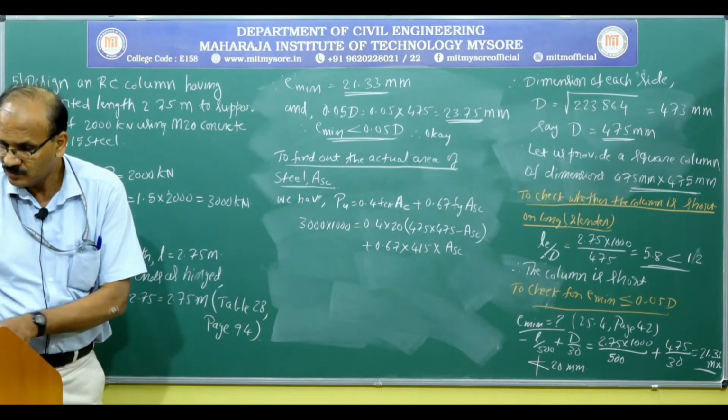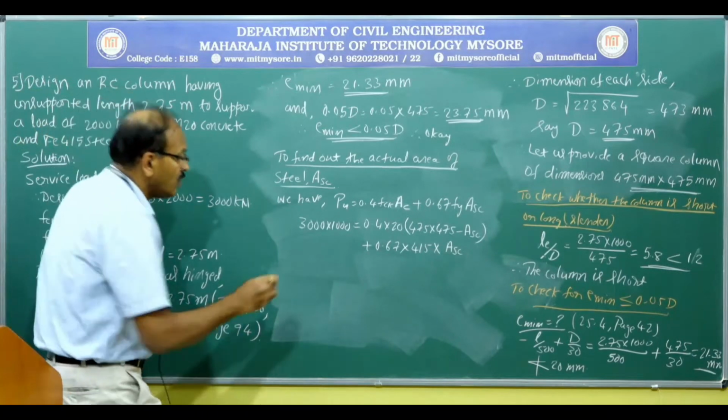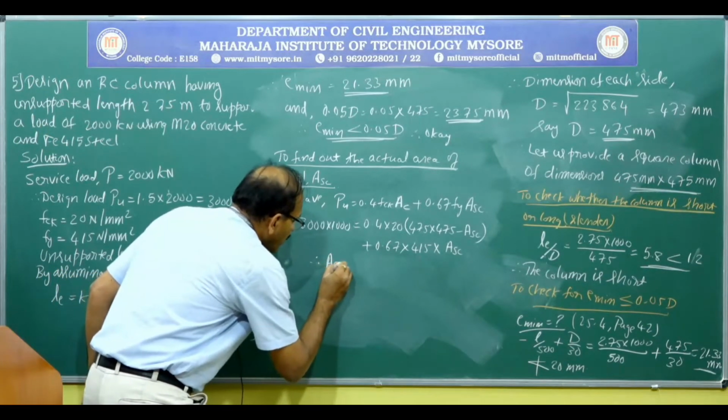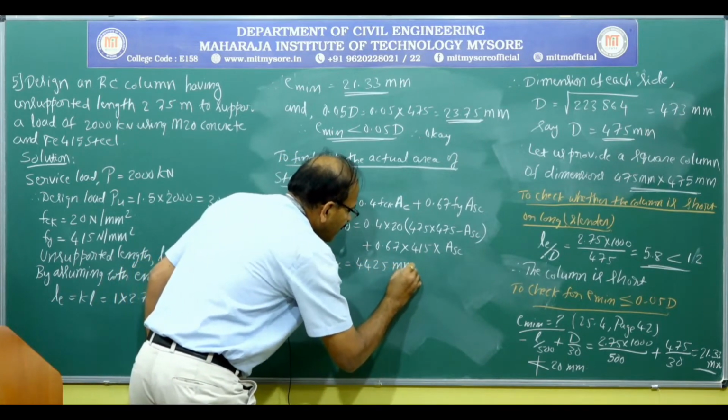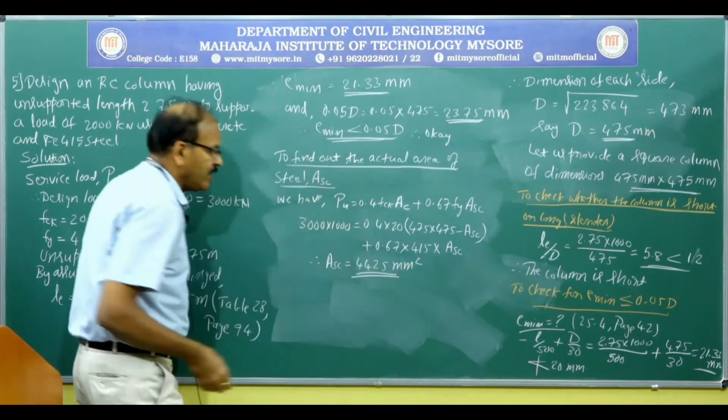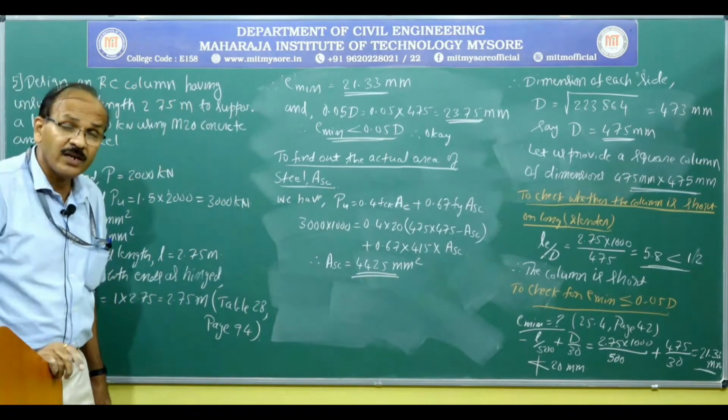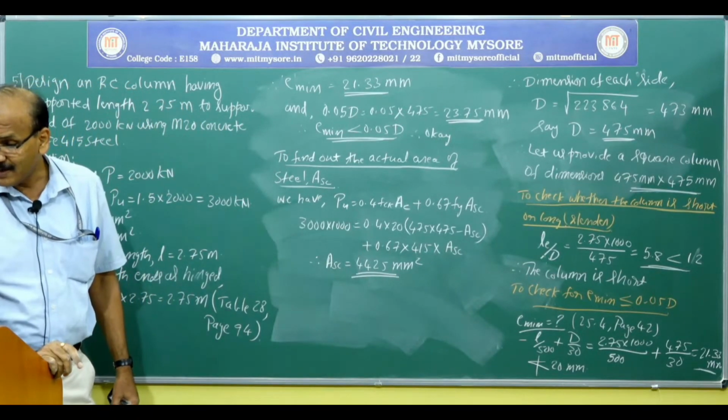Therefore, Asc equal to 4425 millimeter square. That is the area of compression steel required.